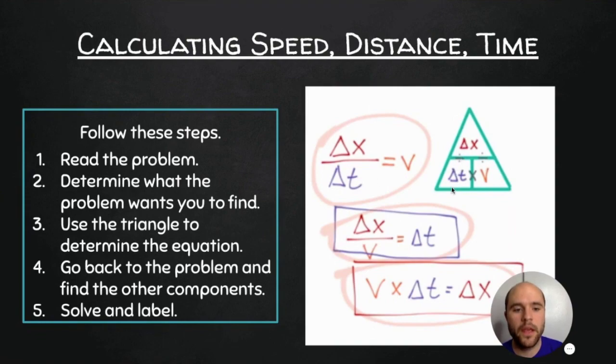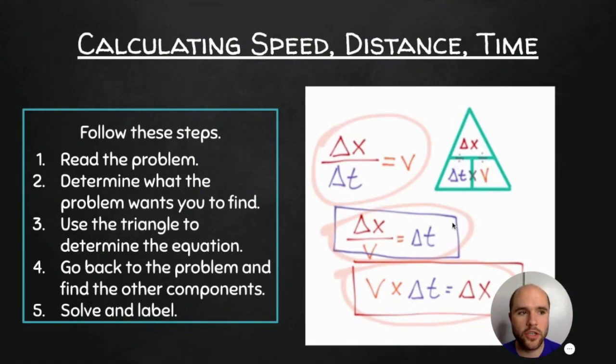See, right here. If I cover up change in time, then I'm left with change in distance over speed. And then finally, if I cover up my change in distance, then I'm left with speed times my change in time. So it's just a real quick trick to help you get the right equation.